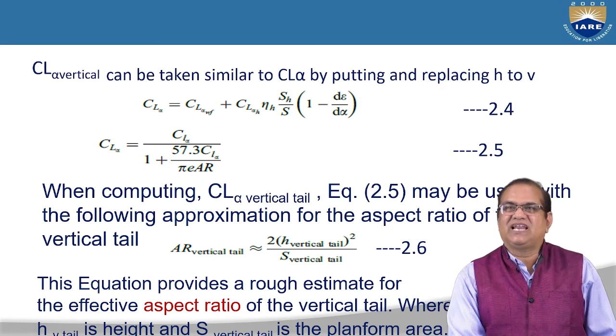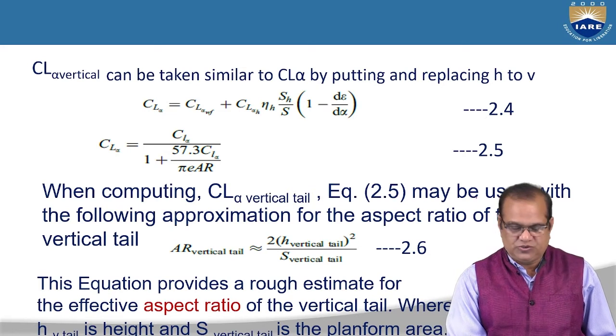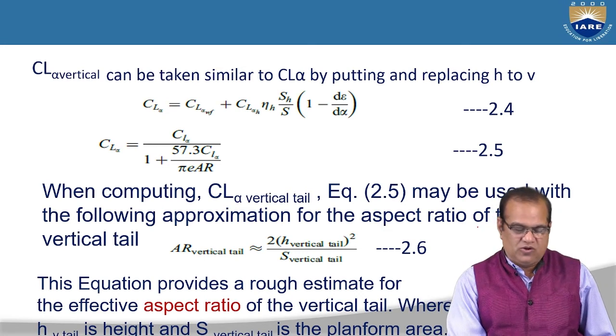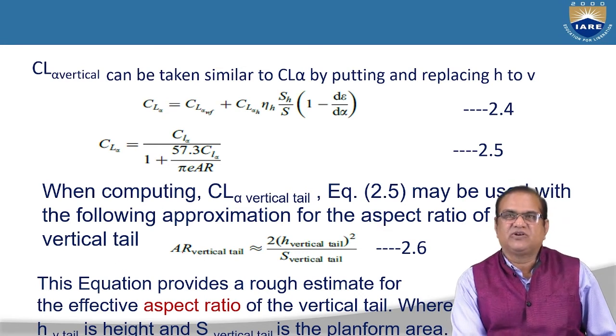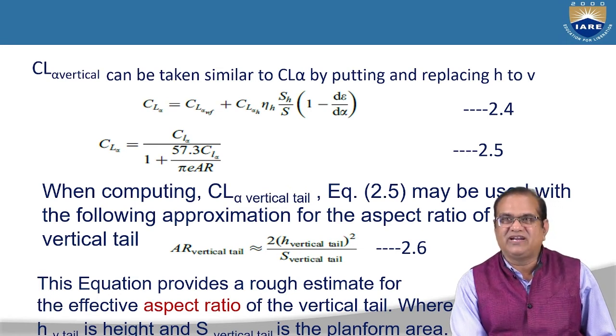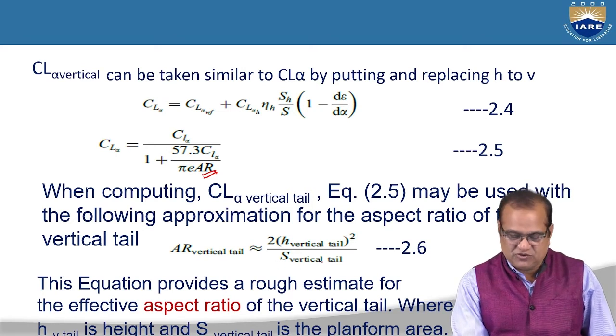When computing CL alpha vertical tail, equation 2.5 may be used with the following approximation for the aspect ratio of the vertical tail: the aspect ratio of the vertical tail is equal to 2 into the height of the vertical tail squared divided by S vertical tail, the area of the vertical tail. So like this, we have to find the aspect ratio by using this equation.